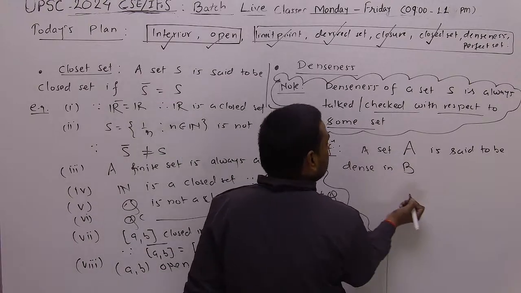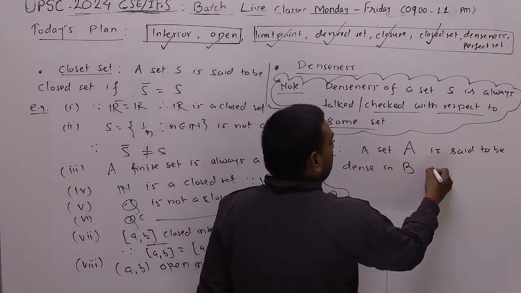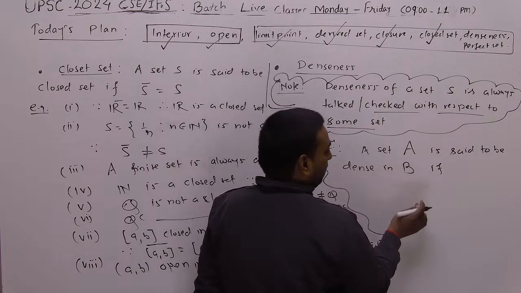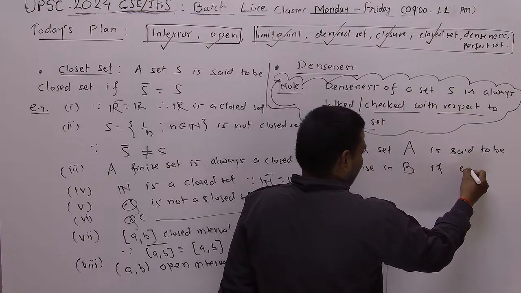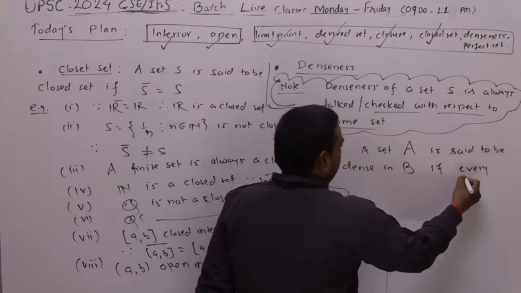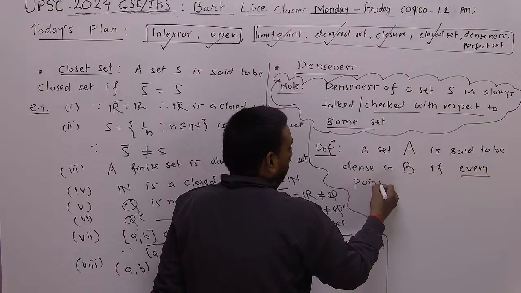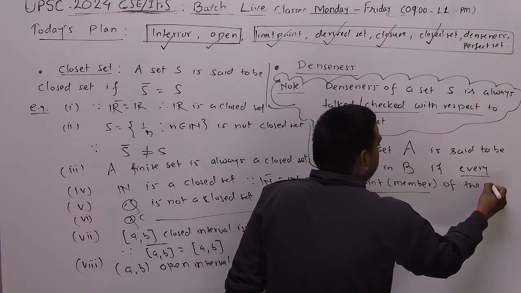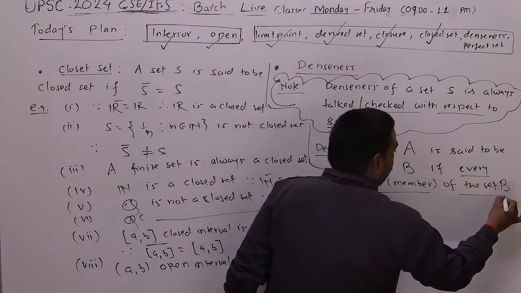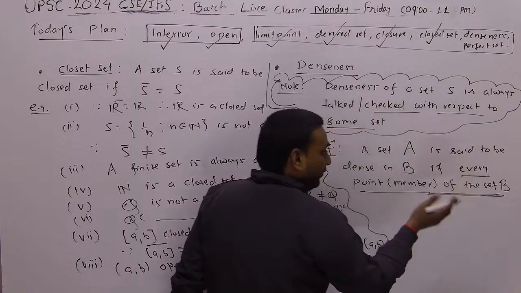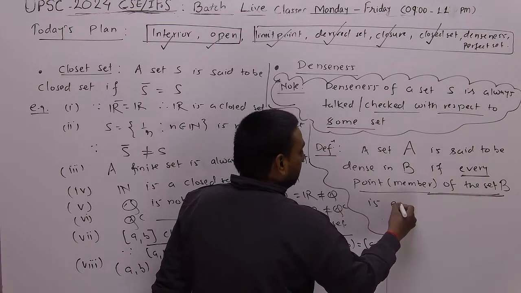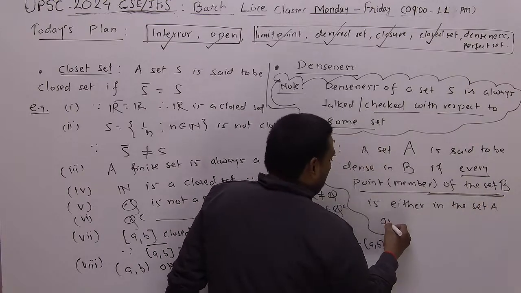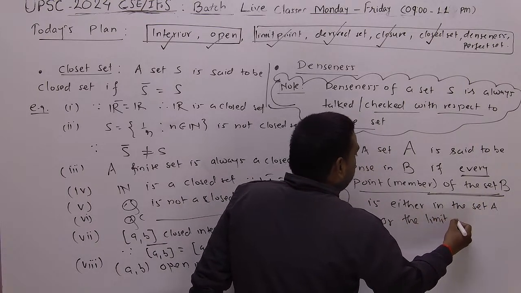So A is said to be dense in B if, please be on the board everyone, every point, obviously every member of the set B, is either in the set A or a limit point of A.